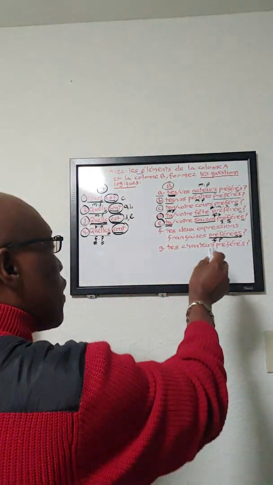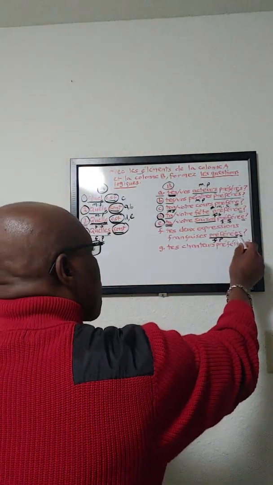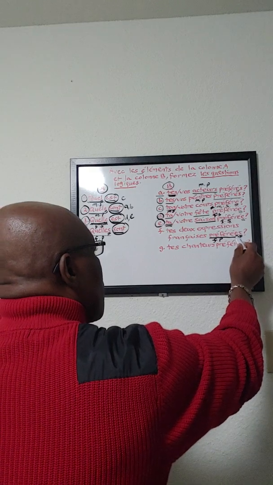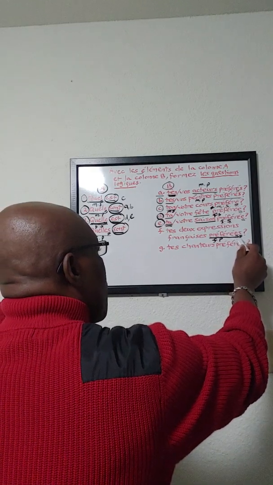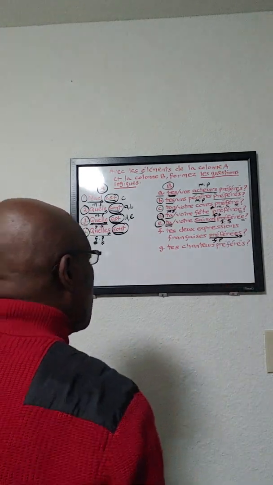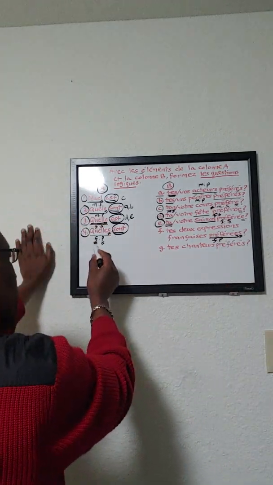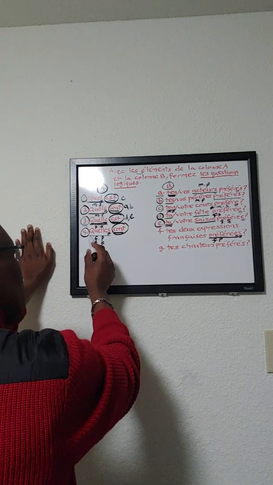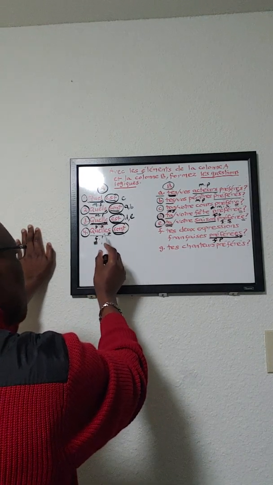The endings will tell you that here, préférées is feminine plural, féminin pluriel. So, you come here, you see that number 4 is also feminine plural.